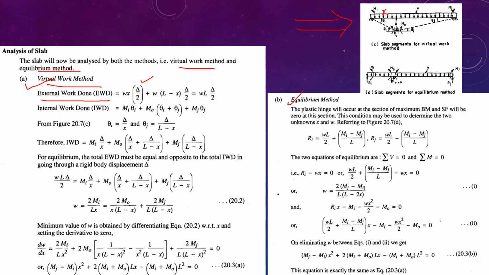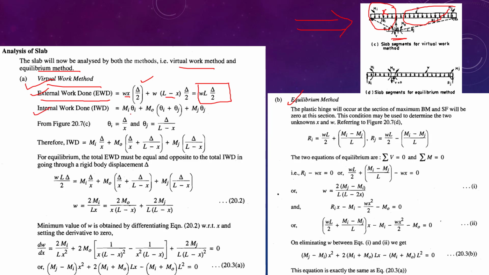The vertical deformation at this point is a combination of the left-hand side as well as the right-hand side. Treating equal displacement by both left and right, for the left, W into X, the total load, into delta by 2, plus W into the remaining length, L minus X, into delta by 2, will be equal to WL into delta by 2, the total external work done.